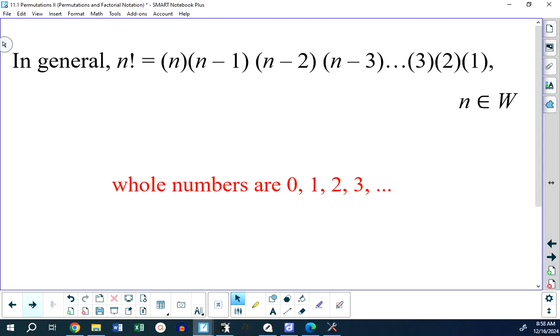But go ahead and calculate 0 factorial on your calculator. And just in case there was somebody who was away on Friday, or somebody who's maybe forgotten where to find that, you go to the math menu, you scroll over to what's called the probability menu, and I think it's the 4th option down.